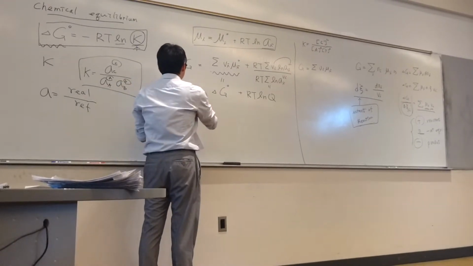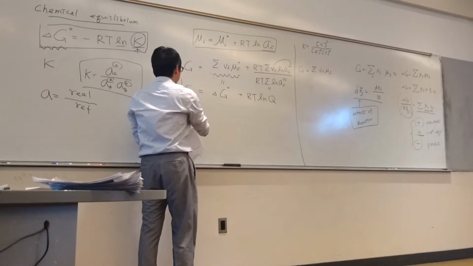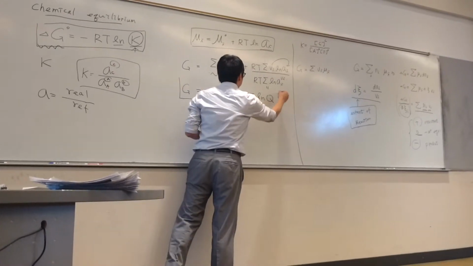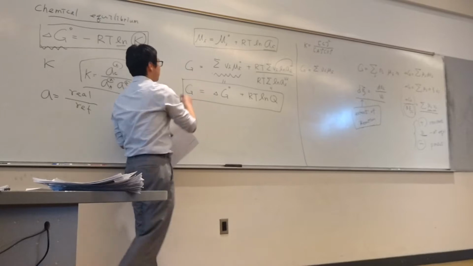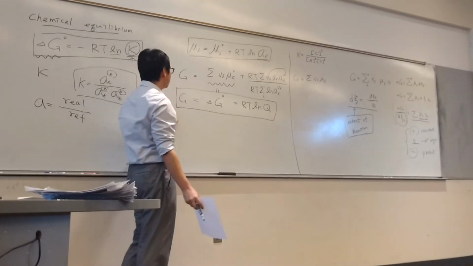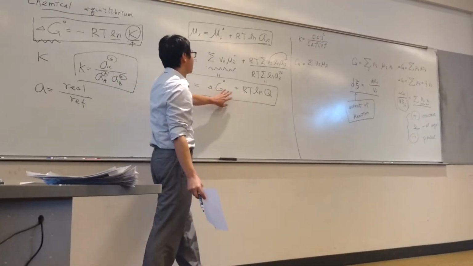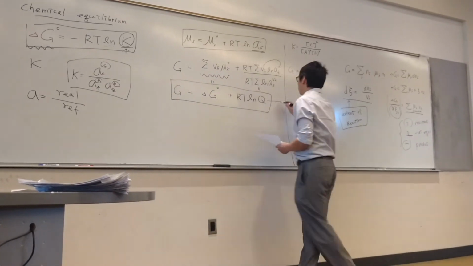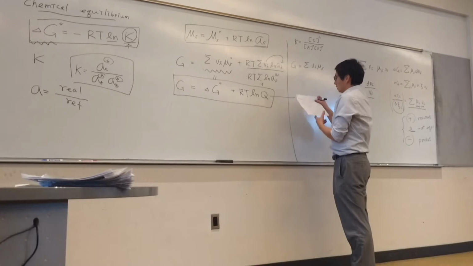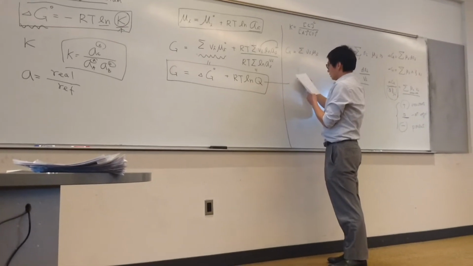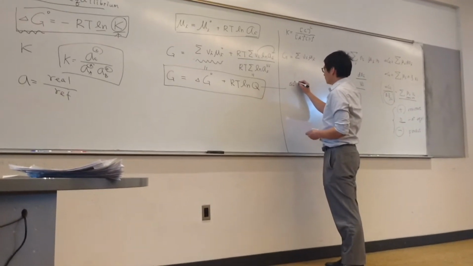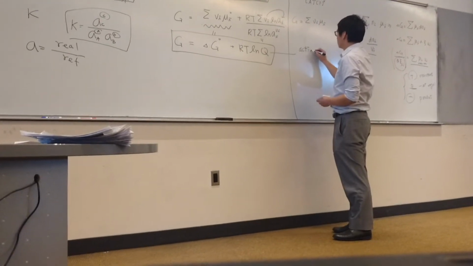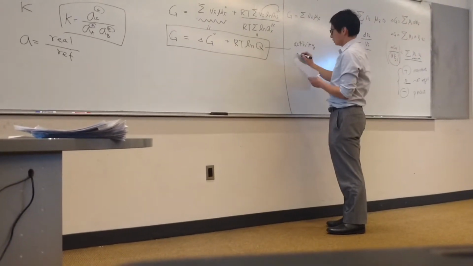And you can have a general expression that if you want to describe the Gibbs free energy of a system, regardless of what kind of system you have, the G is going to equal delta G naught plus RT natural log Q. The Q is called the activity quotient.